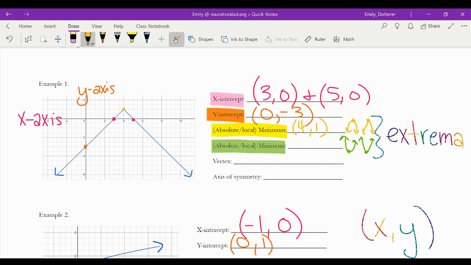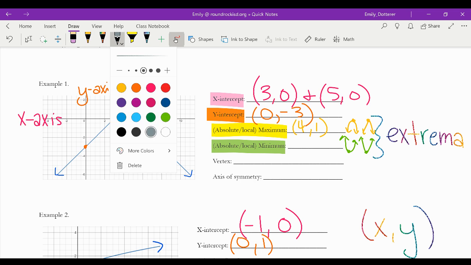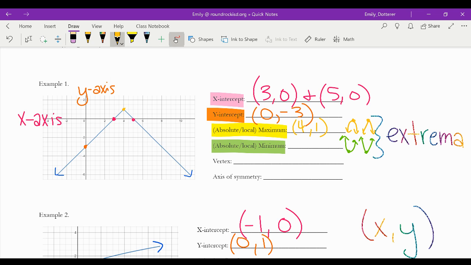If it is the highest point on the entire graph, like how 4, 1 is, then in that case, it is an absolute maximum. If we had something kind of like this, where it goes down and back up, it goes higher than this point when we get over here.